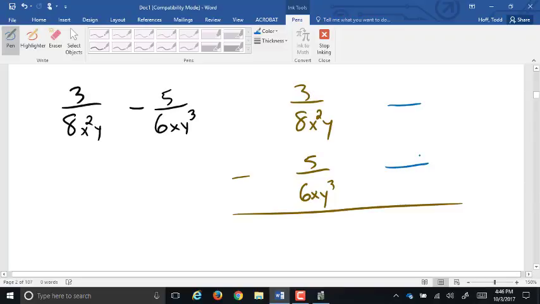Well, let's start with the numbers. 8 and 6. What's the common denominator for those two numbers going to be? 24. How about for x? X squared is the largest power. And y? Y to the third. So I'm going to stop there. Any questions on how we found the 24x squared y to the third?